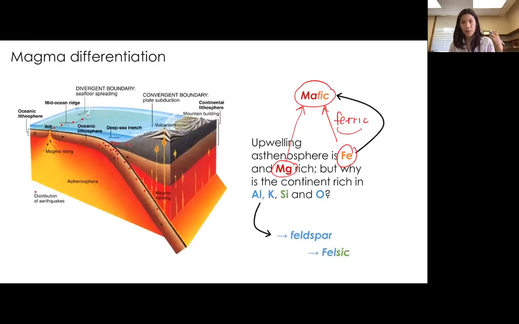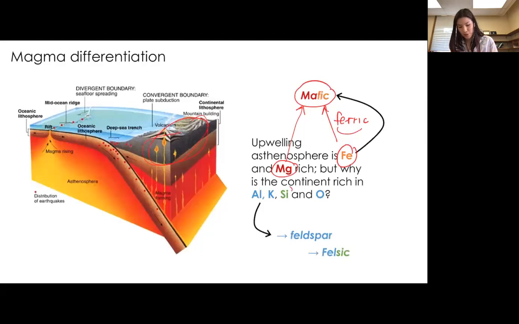In contrast, when we look at the rocks that actually make up the continents, so kind of in this gray area on this diagram here, we see that these rocks are actually fairly rich in aluminum, potassium, silica, and oxygen. So this first half is going to focus on why this is. These aluminum, potassium, silica, and oxygen rocks are going to be called felsic rocks.